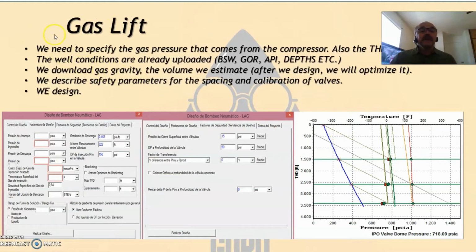So, if we're going to do a gas lift well, which for me, if it applies, try to do it in gas lift. It's the best system.